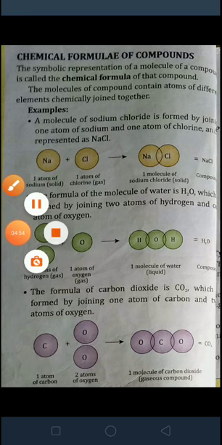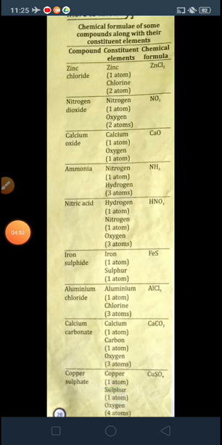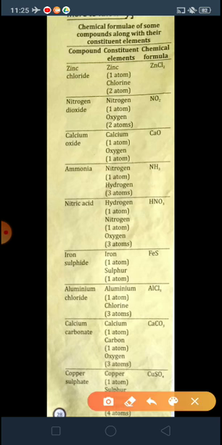Some more examples are given in your book. Zinc chloride is a compound, and its formula is ZnCl2. Zn is the symbol of the element zinc, and Cl represents chlorine.